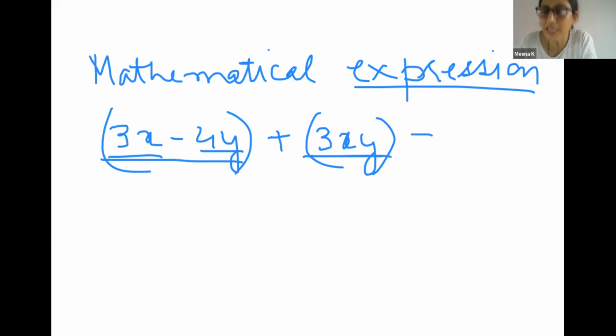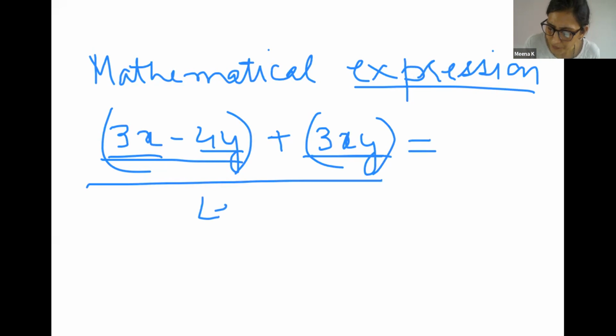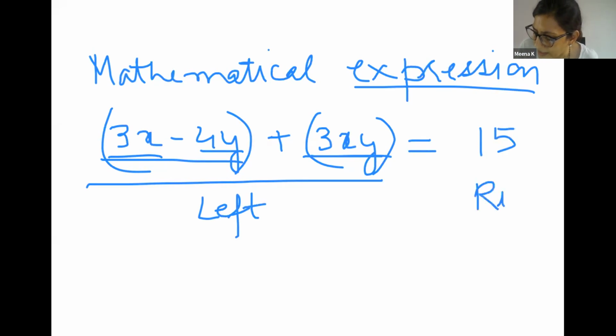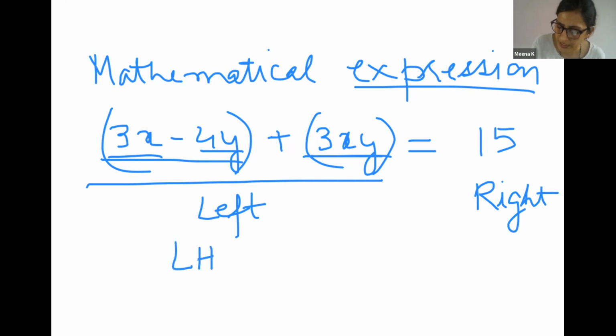So if I use an equal sign, up till this stage, it is just an expression. The minute I use the equal sign, now I will have two sides. This is my left side of the equal sign. And suppose I write here 15. So this becomes my right side of the equal sign, right? This left side is called the LHS, left hand side, and the right side is called the RHS, right hand side.